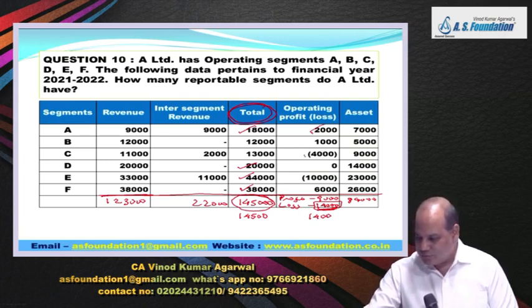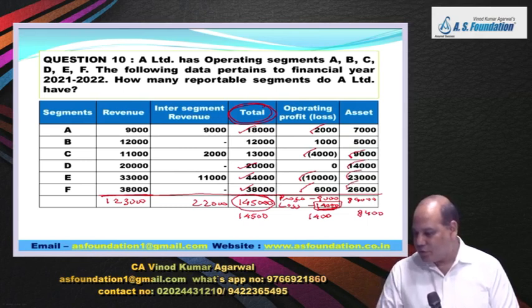A, C, E, F. And asset, 8,400 minimum requirement. C, D, E, F. Now tell me finally, is A there in this list? Is B there in this list? No, B has no tick mark.